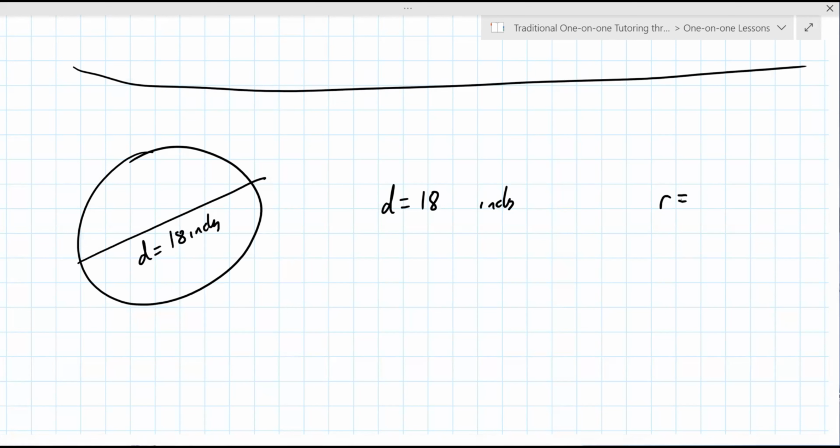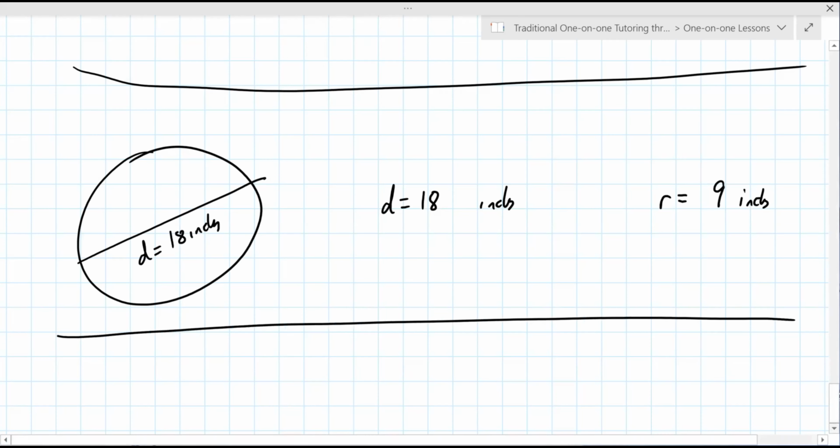Divide by 2. It's 9. What are the units? 9 inches. Okay, good.